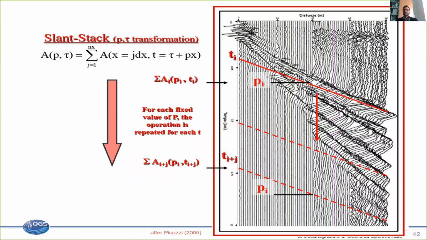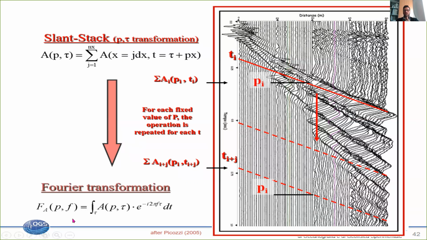For each one of these recordings, I can now make my Fourier transformation. So immediately I will have a new matrix in which each column is the Fourier transform of each seismogram for each slope.